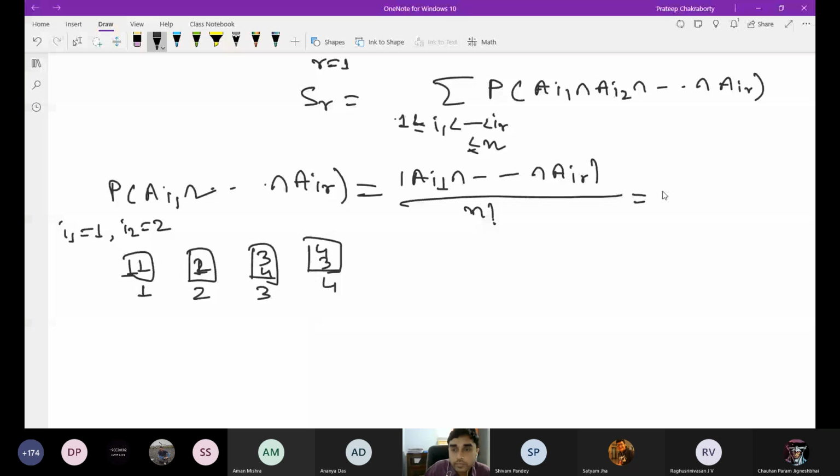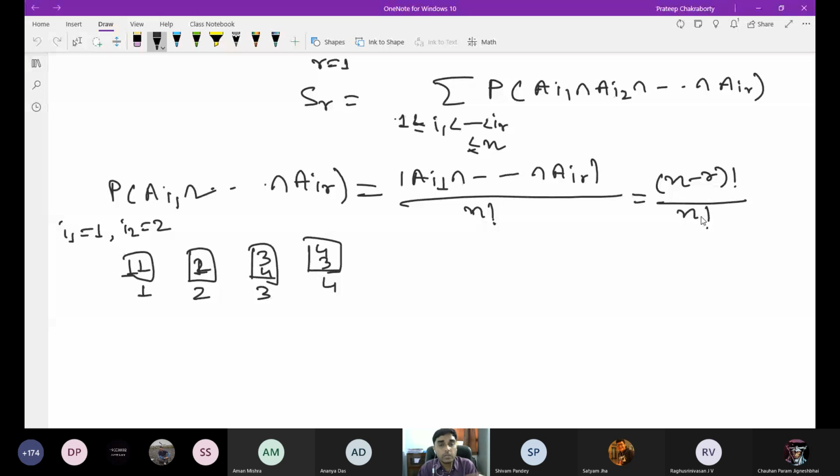So this will be n minus r factorial by n factorial. So in the other places you can put n minus r factorial ways, because once you put one letter, you cannot put that same letter in some other envelope. And this order doesn't matter here.